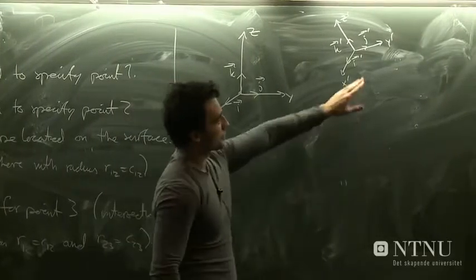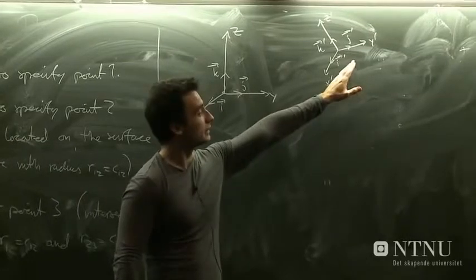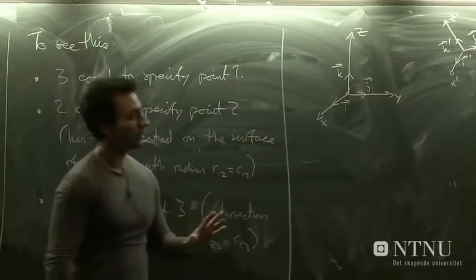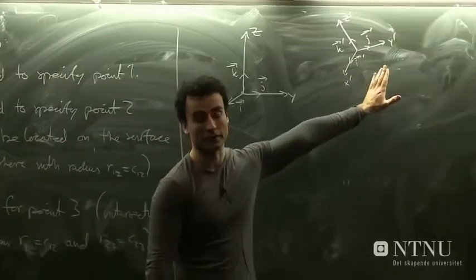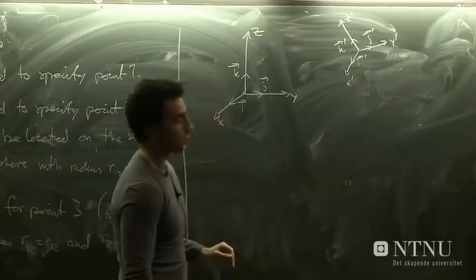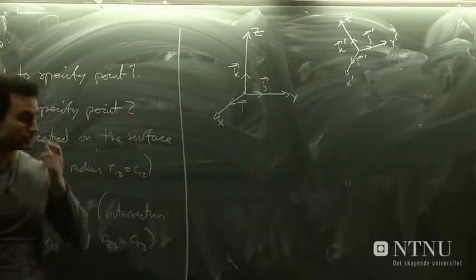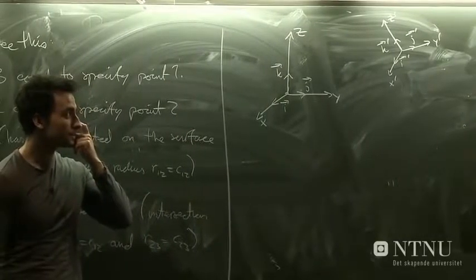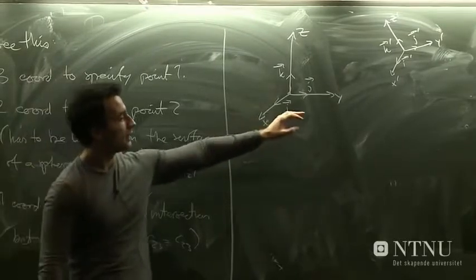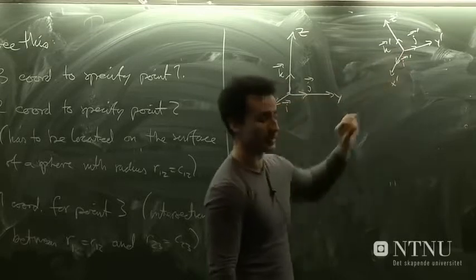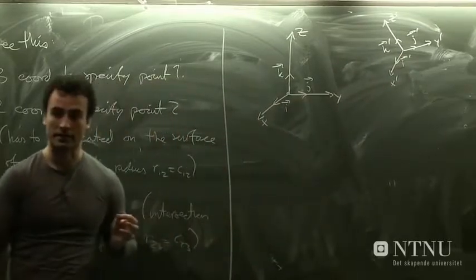Now, if we want to specify the position of the rigid body, which has this coordinate system attached to it, we know that we need 6 degrees of freedom. We need 6 coordinates. Three of them should go to specifying the origin of this coordinate system.